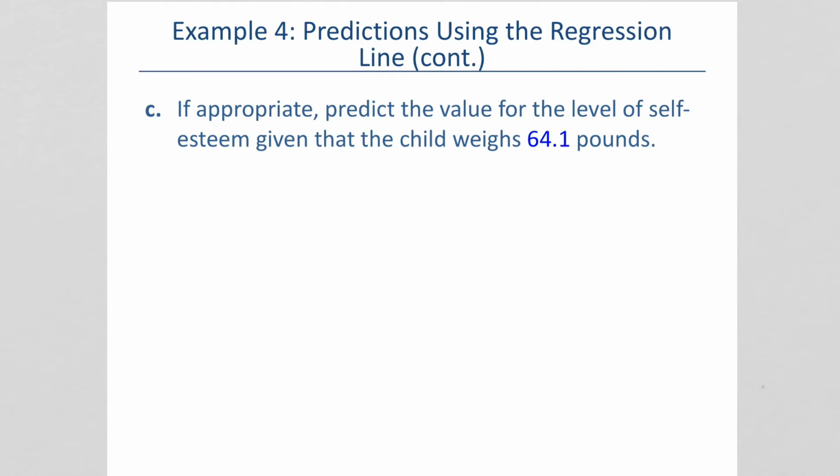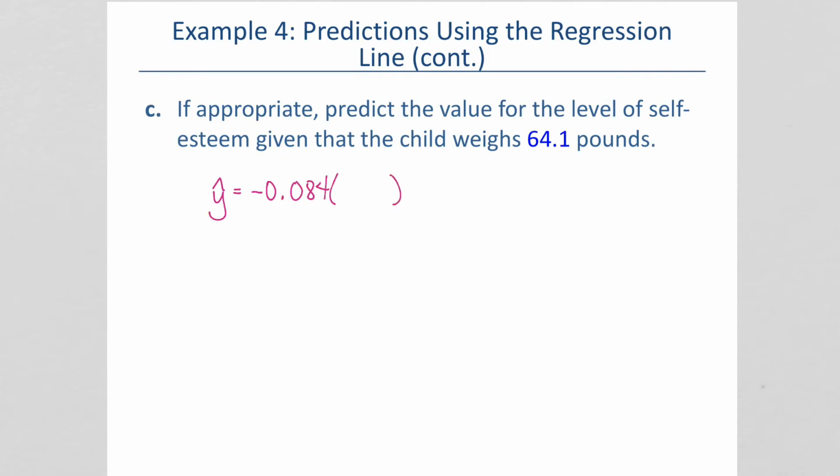C says, if appropriate, predict the value for the level of self-esteem given that the child weighs 64.1 pounds. Okay, so a child of 64.1 pounds is within the range of our data set.